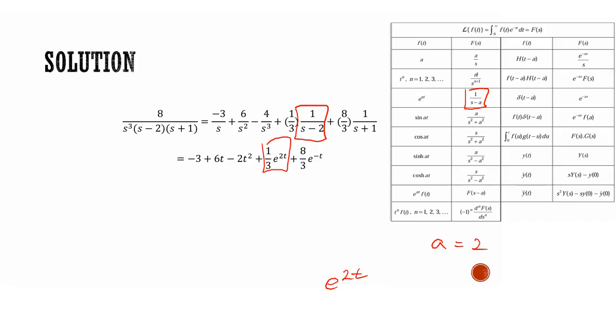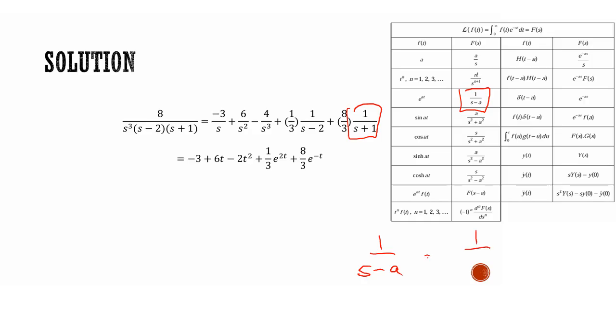And finally, s plus 1, which can also be taken with this one. Let's take a look one by one. Since s minus a should be s plus 1, a equals -1.